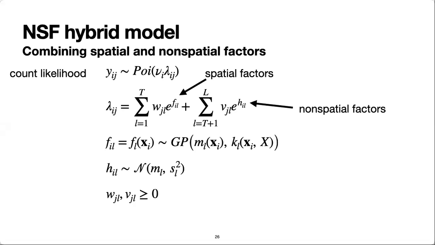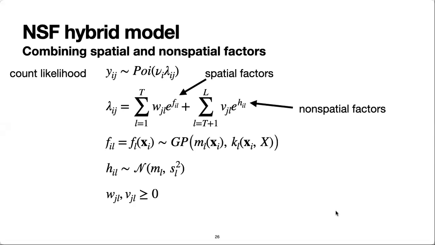So maybe we need to also have non-spatial factors to model, I don't know, maybe immune cells or some glial cells in the brain that aren't arranged in a tissue architecture, but they're rather supporting actors that don't have a spatial pattern.